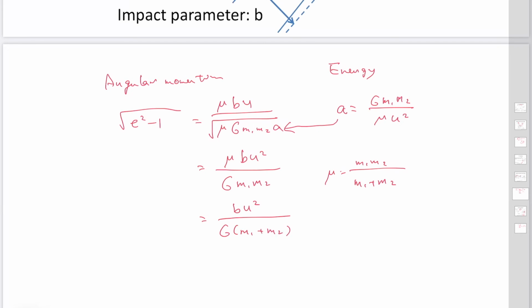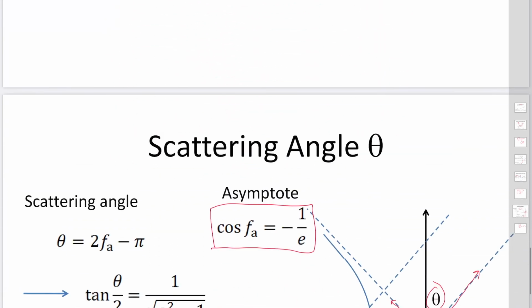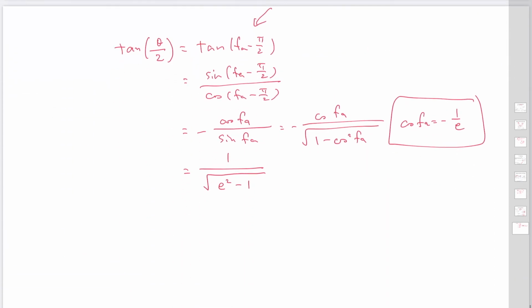So we have an expression for the square root of e squared minus 1. We use this equation for the angles. So this equation is expressed as G times m sub 1 plus m sub 2 over b u squared.